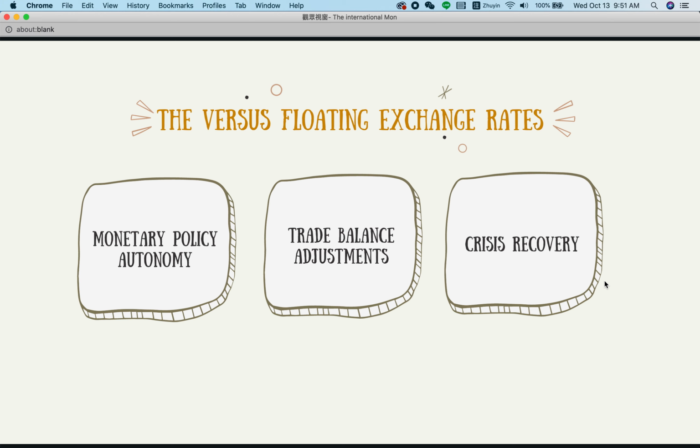The argument is that if a country is running a trade deficit, the imbalance between the supply and demand of the country's currency in the foreign exchange markets will lead to depreciation in its exchange rate, in turn making its exports cheaper and its imports more expensive. Exchange rate depreciation should correct the trade deficit.